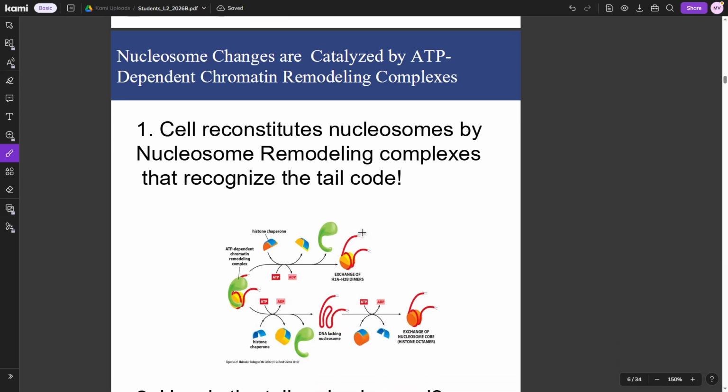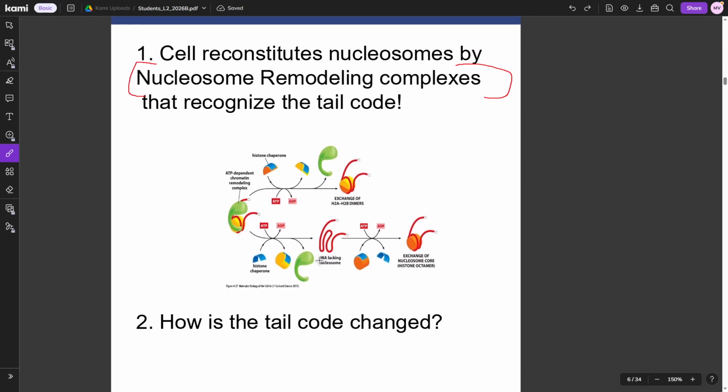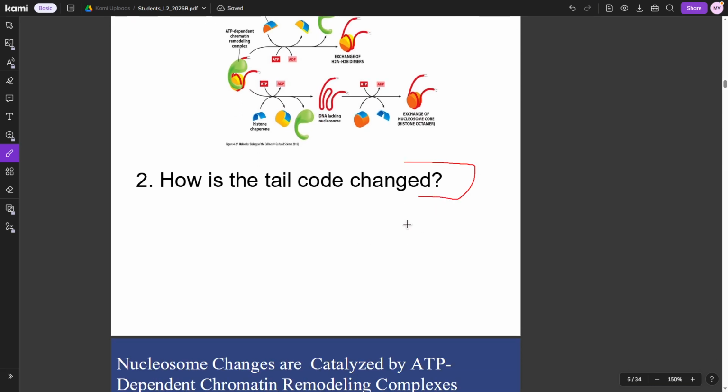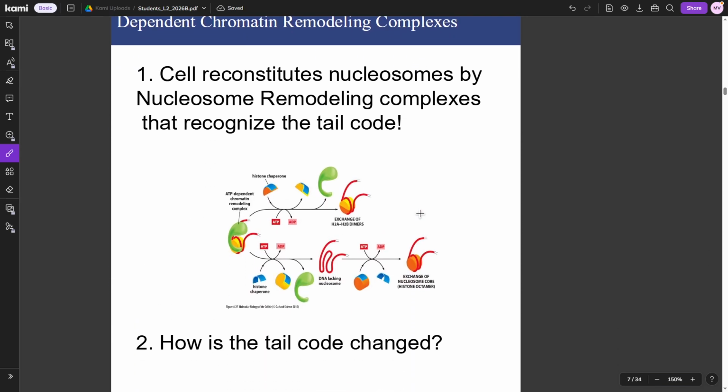There are also nucleosome remodeling complexes, which can change a full nucleosome into a half and half, or completely switch it out. They can do a lot of things. And then tail changing is done through modifications.